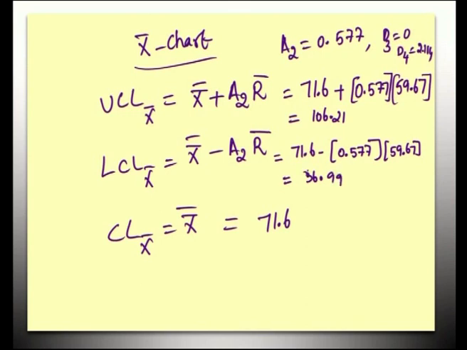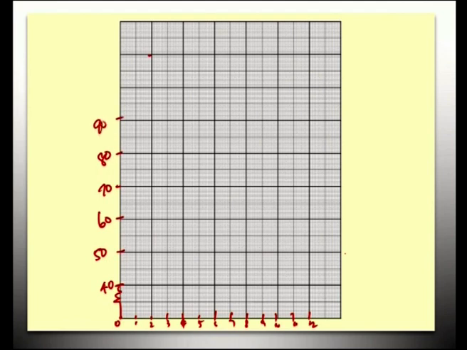Okay. So, this has to be plotted in this graph. The graph scale starts from 0 and goes up to 40. Therefore, the first point is 40, 50, 60, 70, 80, 90 and 100. First of all, 36.99 is plotted here, nearer to 37.